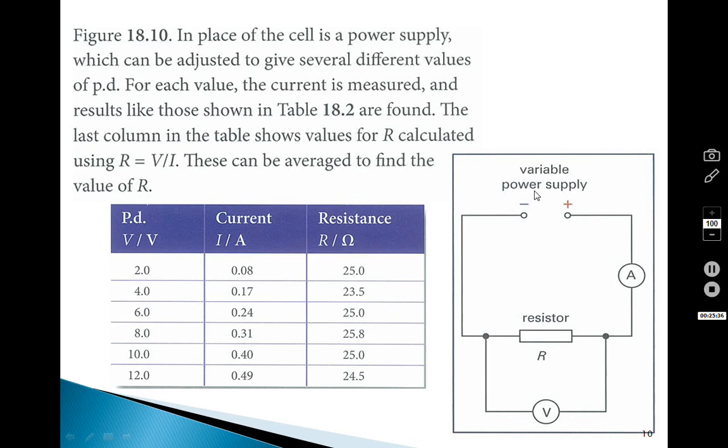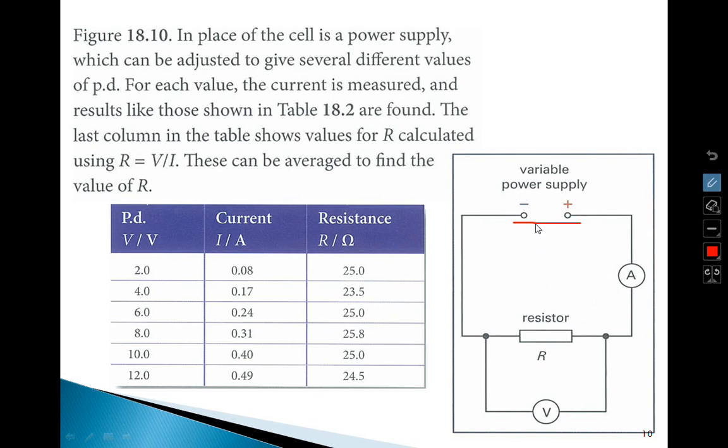As we can see in this circuit, the power supply is changeable. We can change the value of V, as we can see later in this table. We can put V as 2, 4, 6, 8, 10, and 12, and then we find the value of I and the value of R.